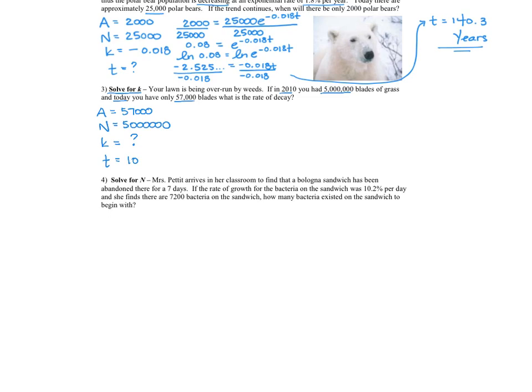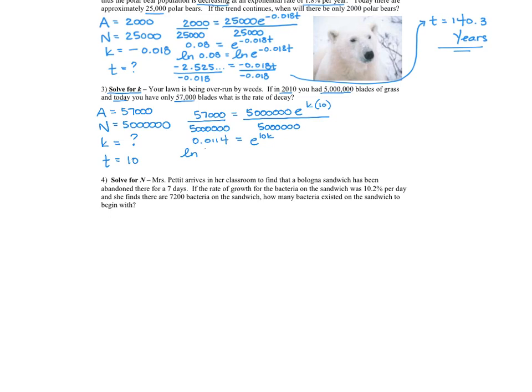So again, just plugging into our equation, we have 57,000 equals 5 million e to the k times 10. So again, to isolate the exponential part of the equation, the first thing I'll do is divide by 5 million. And the left-hand side becomes 0.0114, and the right-hand side becomes e to the 10k.